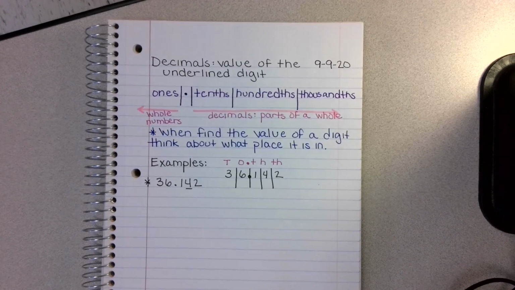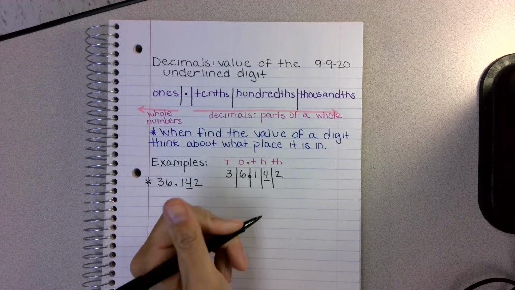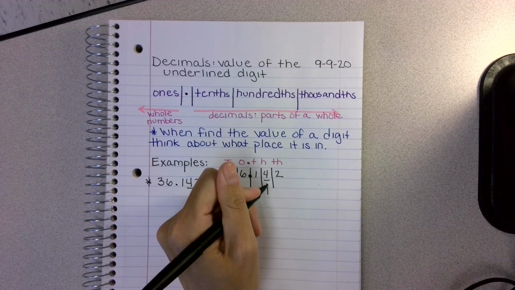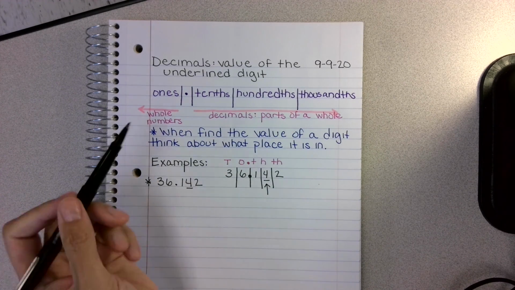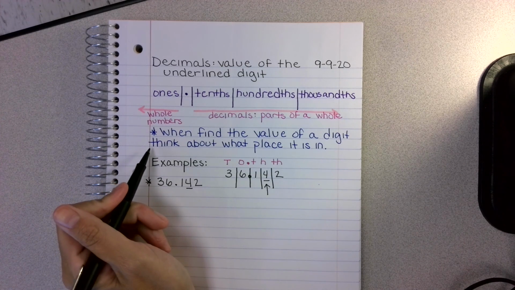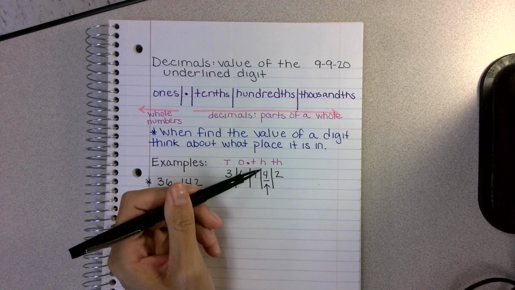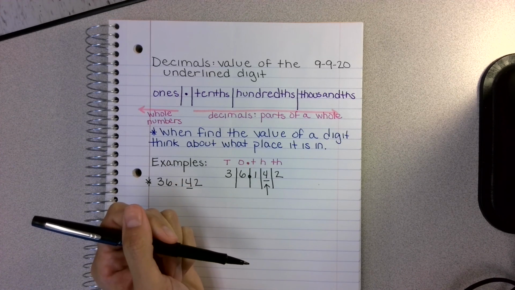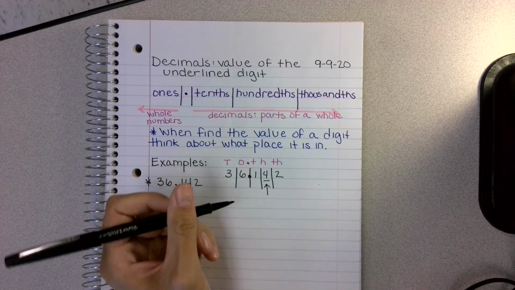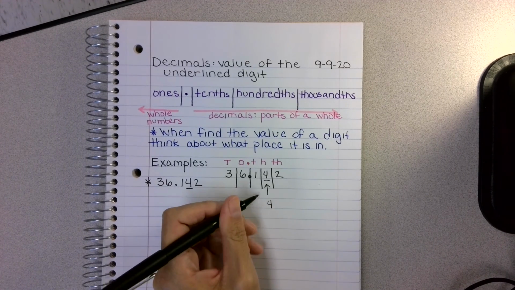Okay, so now what digit's underlined? The 4. All right, so we're going to focus on this 4. And it says to find the value of an underlined digit or of a digit, think about what place it is in. So what place is this 4 in? It's in the hundredths. So I would rewrite my 4. I'm just bringing it down.